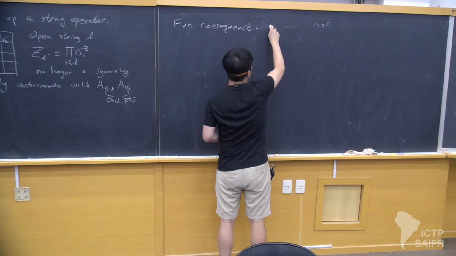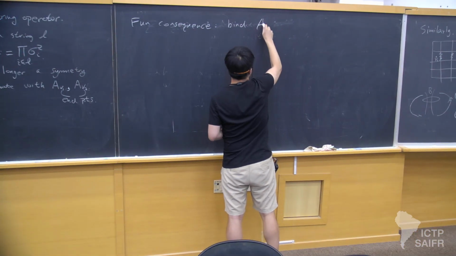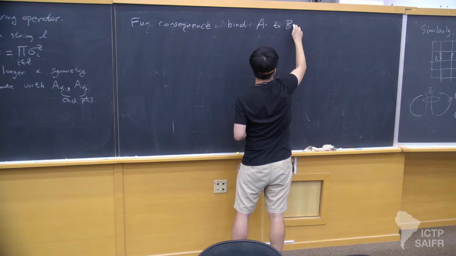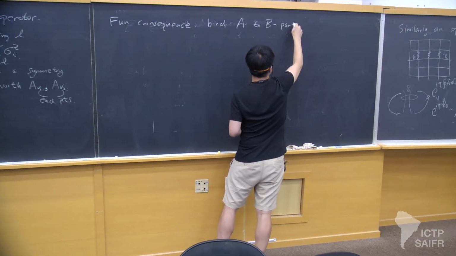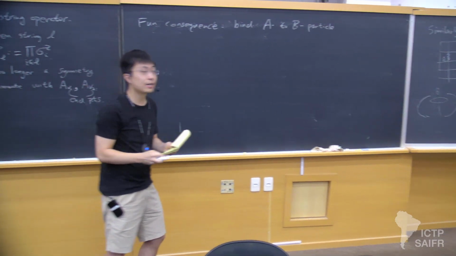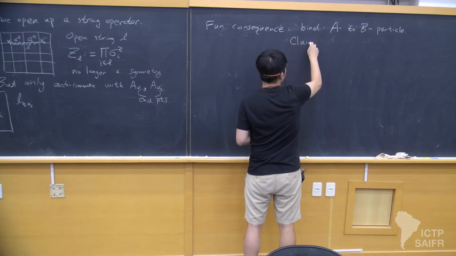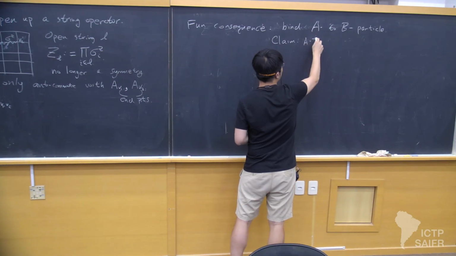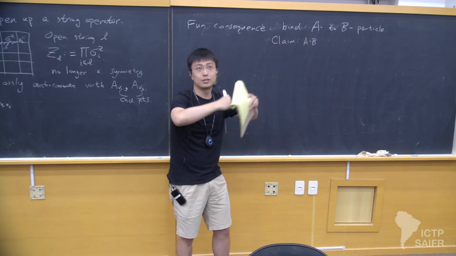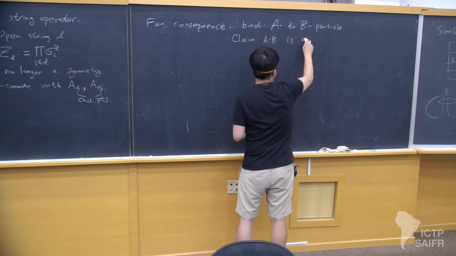So a fun consequence. Now let's bind an A particle to a B particle. The claim is that this AB bound state, this combined object, is a fermion.